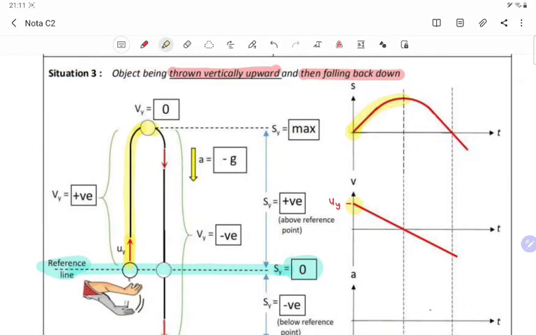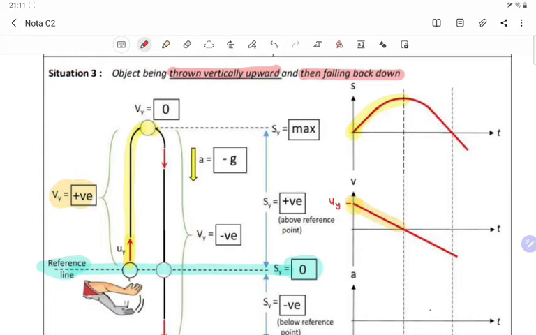Okay, in terms of velocity, disebabkan objek bergerak ke atas, atas adalah positif. Okay, so kalau tengok dekat graf, nilai V kita berada di atas part C. Tapi kenapa dia dalam keadaan menurun? Okay, sebab bila kita baling benda ke atas, awak bayangkan awak baling bola ke atas. Bila dekat atas, dia akan berhenti pada satu point.